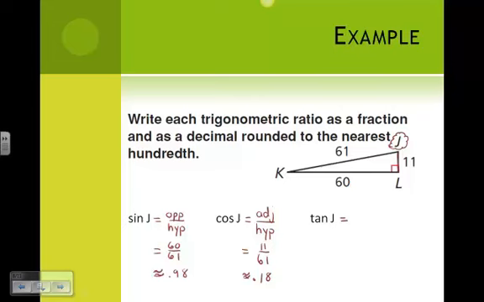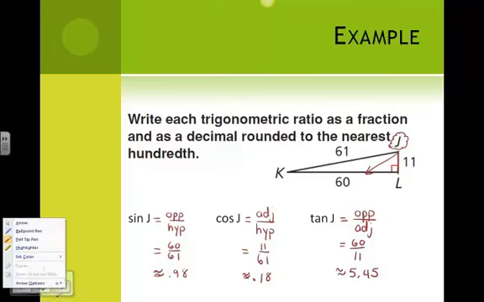And then lastly, the tangent of angle J is defined as the ratio of the opposite side to the adjacent side. So the opposite side is 60, and the adjacent side is 11, which is approximately 5.45 is that ratio.